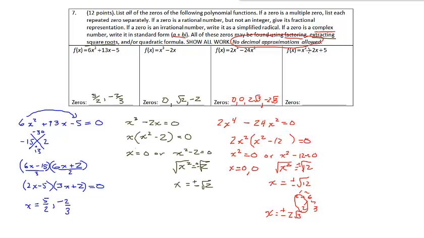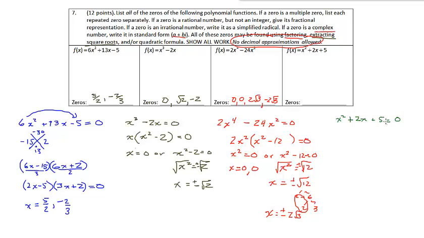Okay, so the last one, we're trying to solve x squared plus 2x plus 5 equals 0.